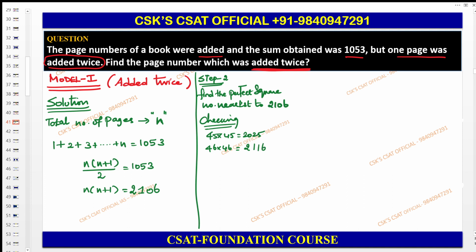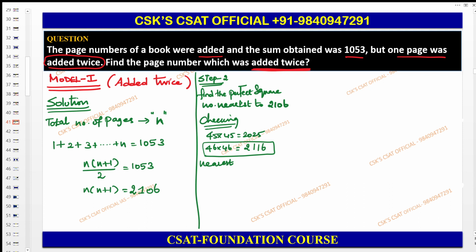Now tell me which is the nearest to 2106. Okay, listen very carefully, write the steps. So this is the nearest. Now understand one thing here. One page is added twice.